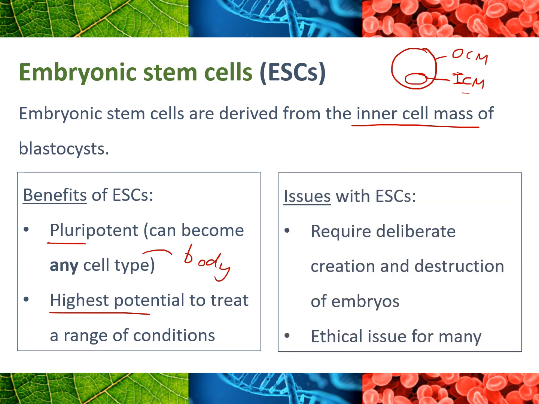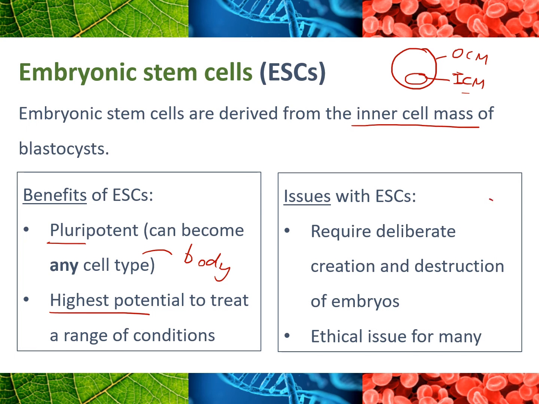The issue with embryonic stem cells, or I guess the debate around it, is that to produce them, it requires the deliberate creation and destruction of embryos. Now, keeping in mind, like I said before, these don't involve a fetus. So I guess the debate comes from, at what point do you believe that life is life?